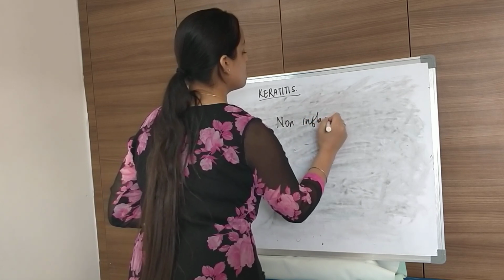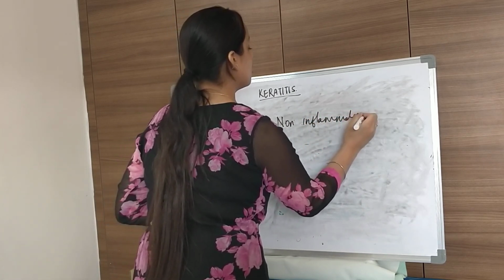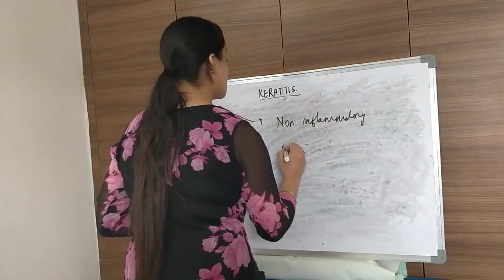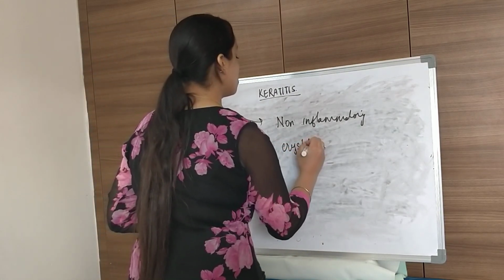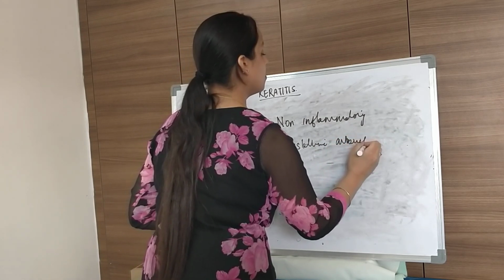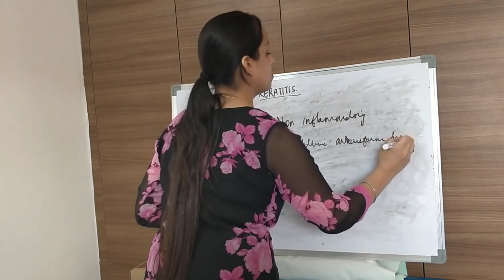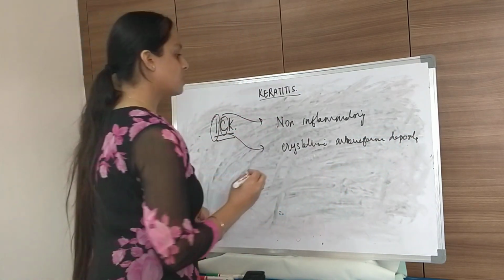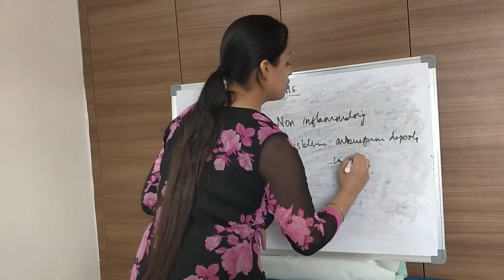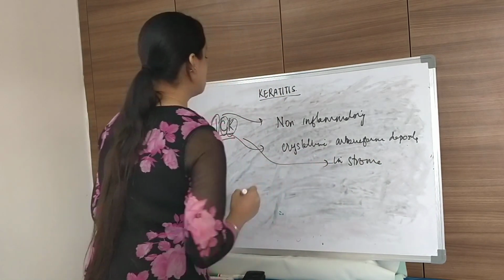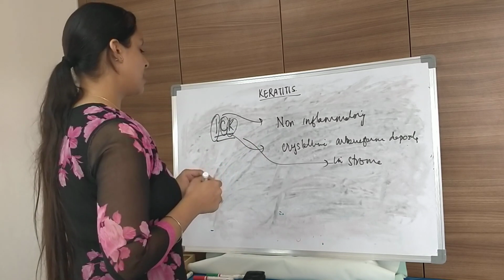Okay, so this is non-inflammatory. The word crystalline, why crystalline? Because it gives rise to crystalline arboriform deposits. That is why it is called infectious crystalline keratitis. Deposits in the stroma. That is why keratitis. So ICK, infectious crystalline keratitis.